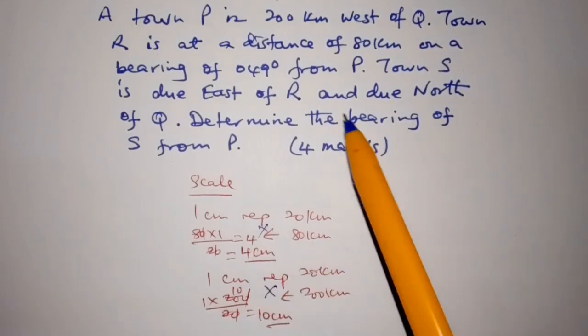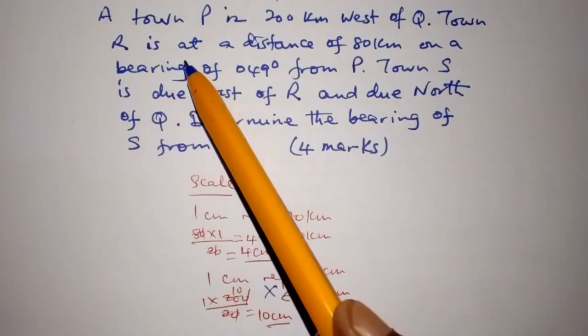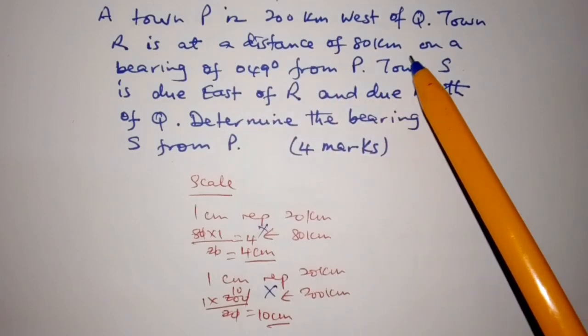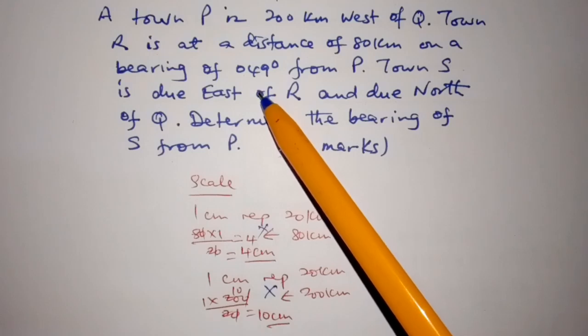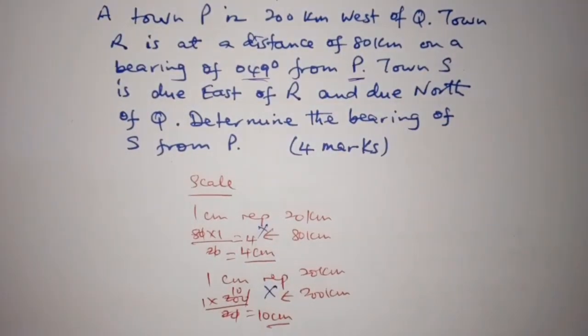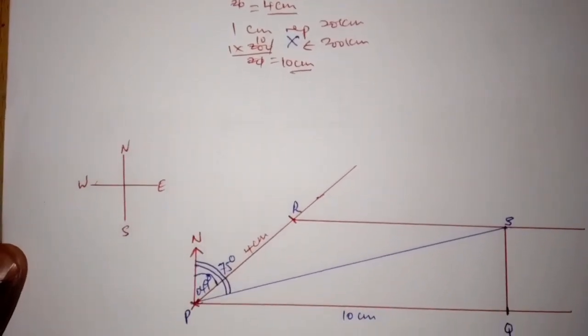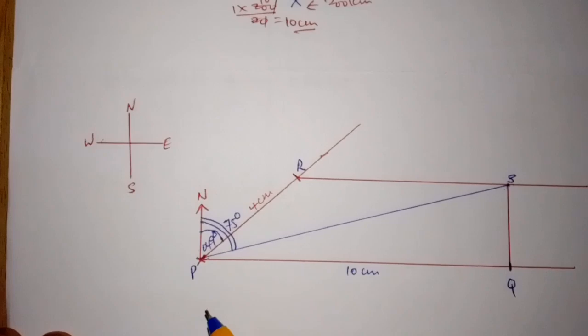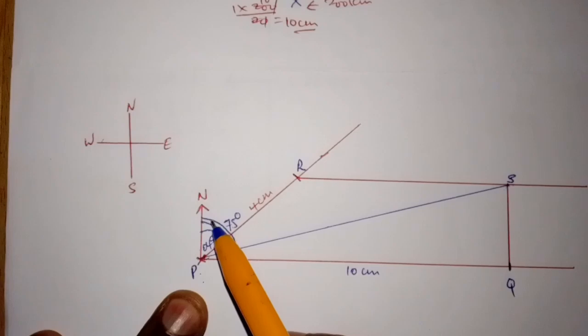We are given that town P is 200 km west of Q, and town R is at a distance of 80 km on a bearing of 049 degrees from P. So our point of interest will be point P. Here at point P, we sketch our north direction.